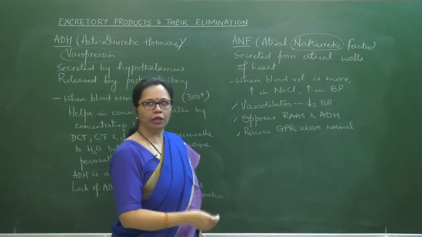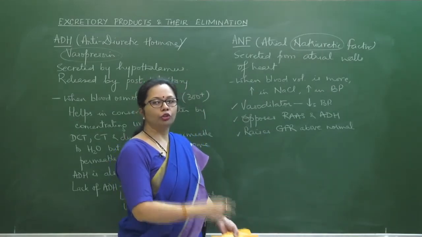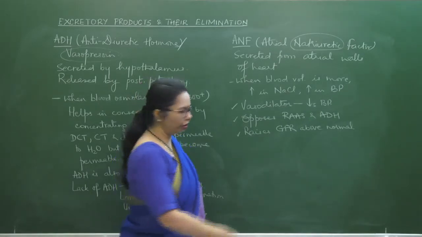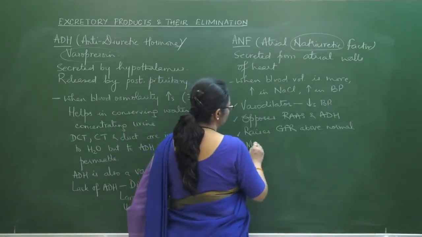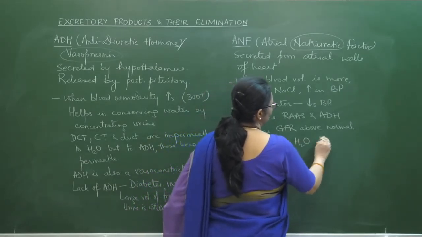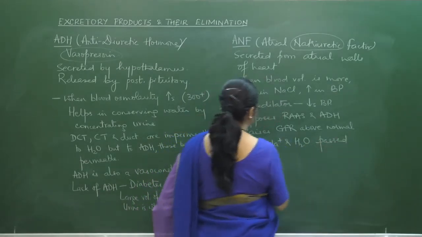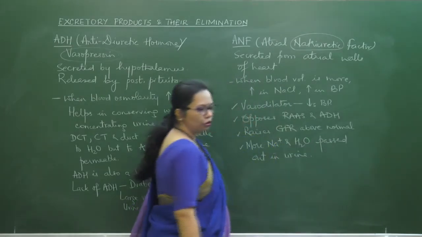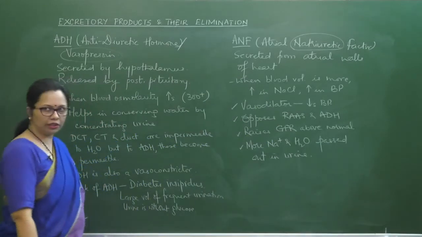Natrium is the Greek name of sodium. So natrium passing out in urine as well as more water in the urine. Okay, so more Na and H2O passed out in urine. Right? So this is how our body regulates these amounts.